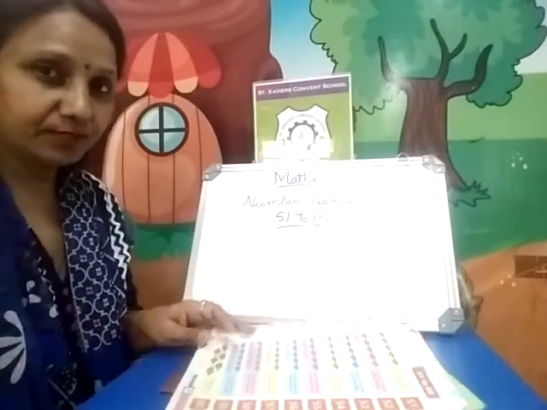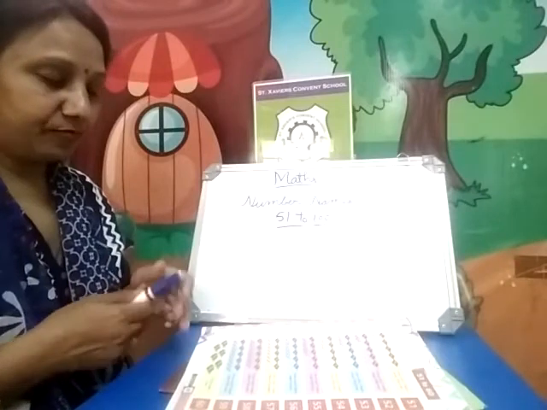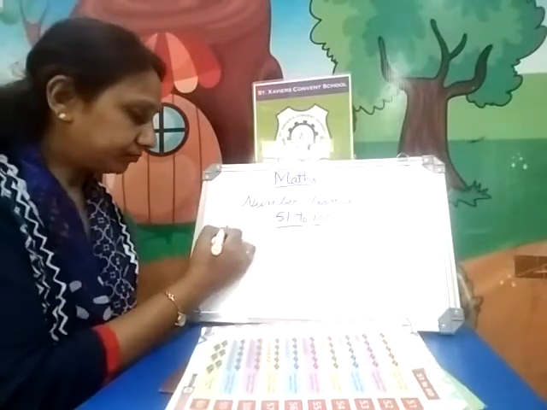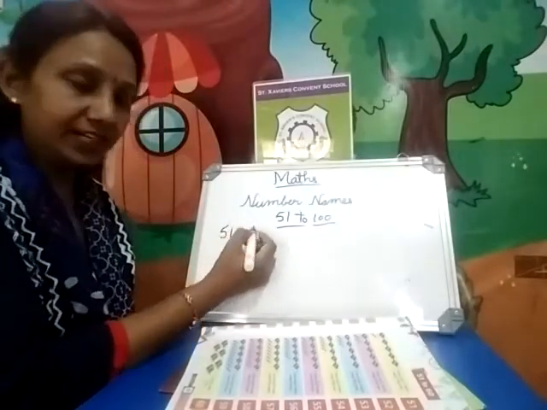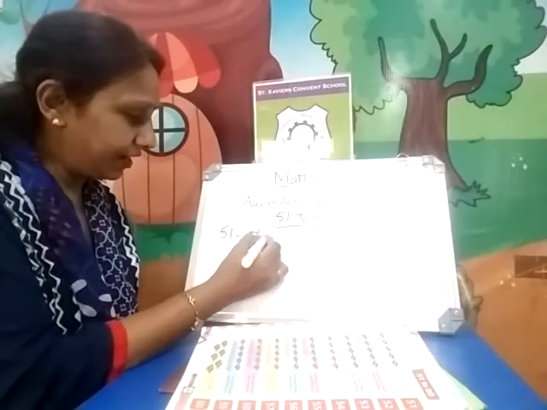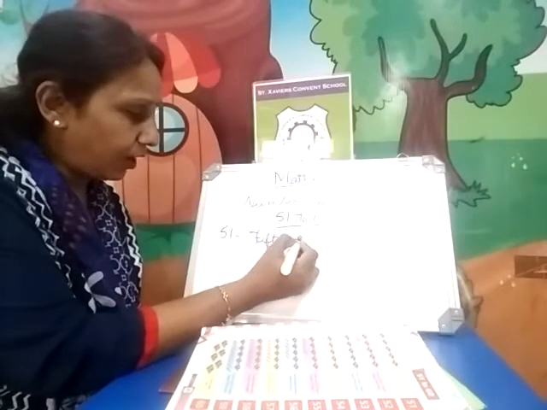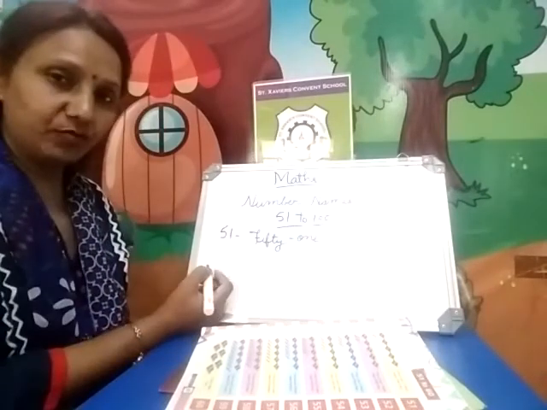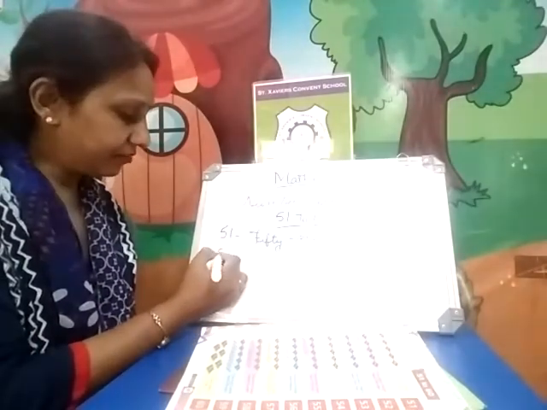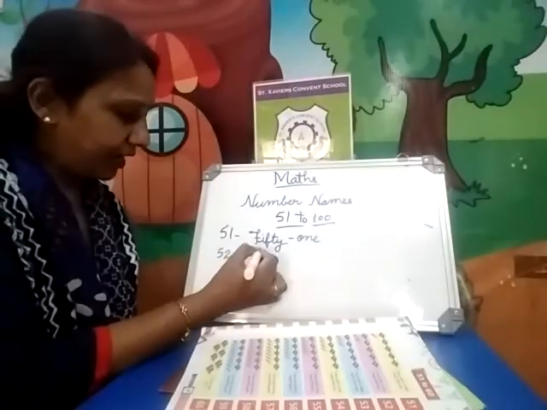Right? So starting from 51, this way you will write F-I-F-T-Y 50, O-N-E 1, 51. What comes after 51? 52.